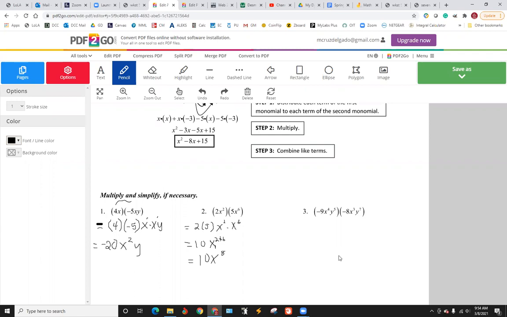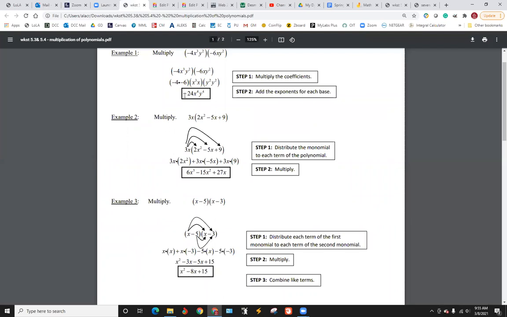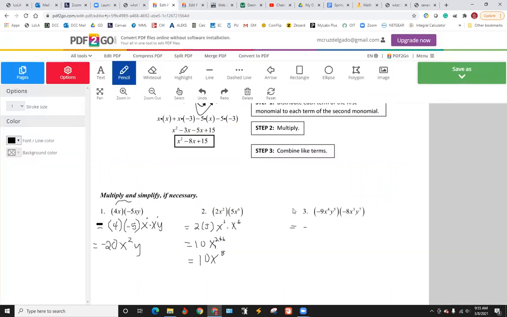All right, so let's try this third one. Now, this is sort of like the one that was messed up out there, so don't let yourself think that was a different rule. Remember, that's not supposed to be a negative. So two negatives make a positive. It's not a new rule. It was just a mistake on that worksheet.